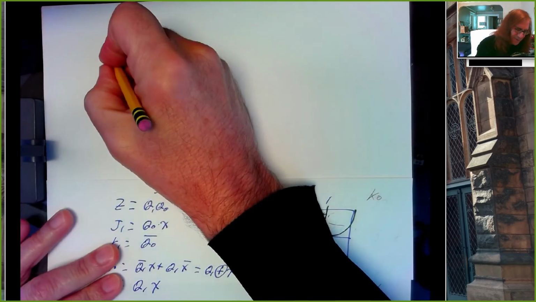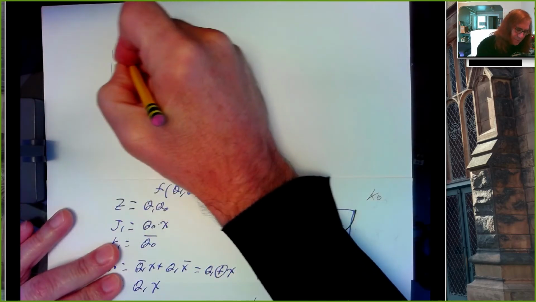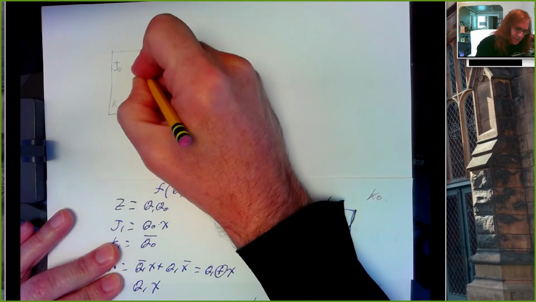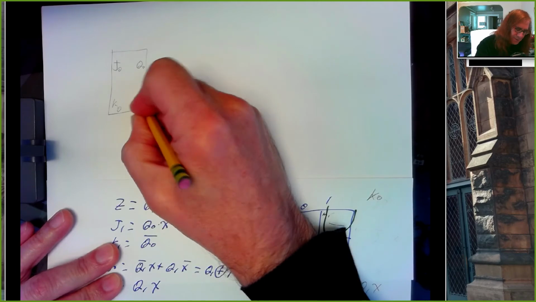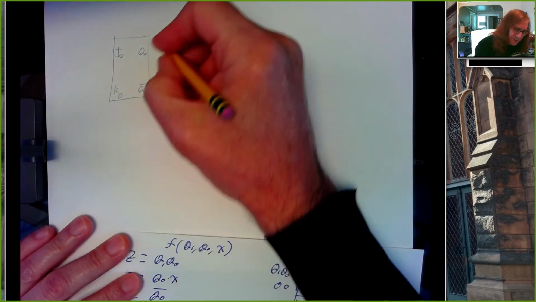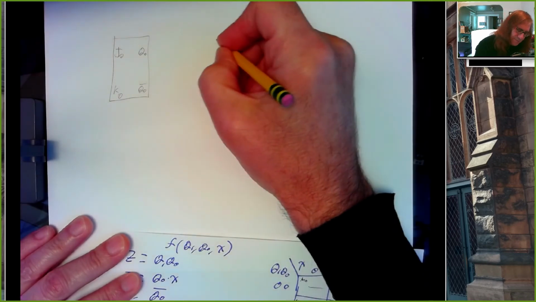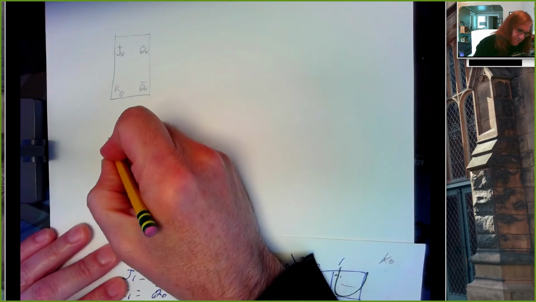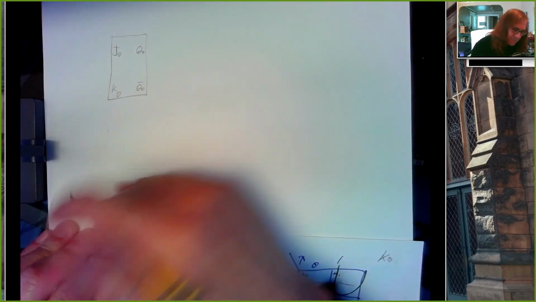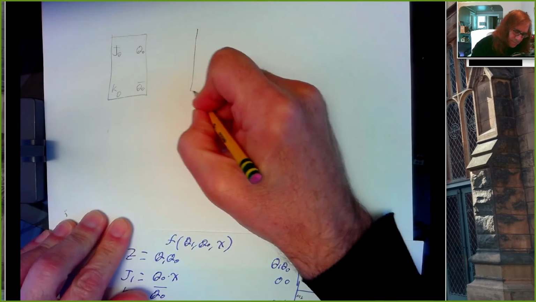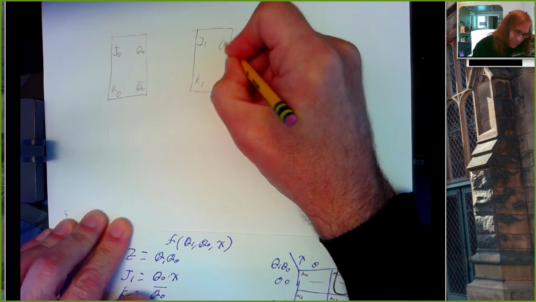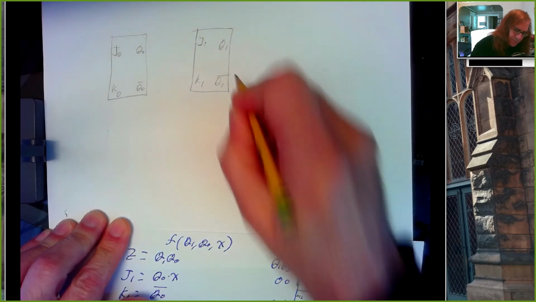So let's make a flip-flop. And it's got a JK input: J0, K0, Q0, Q0 bar. And I'll put another one next to it: J1, K1, Q1, Q1 bar.